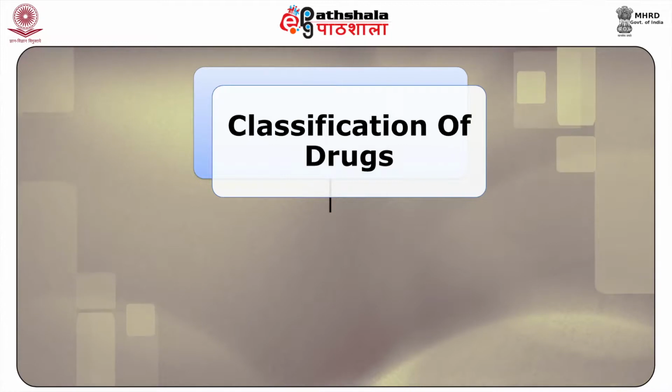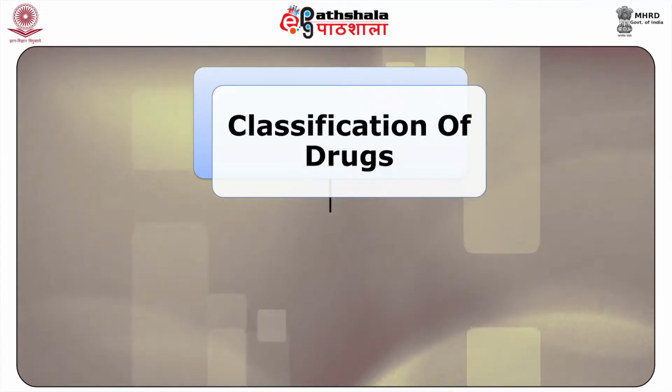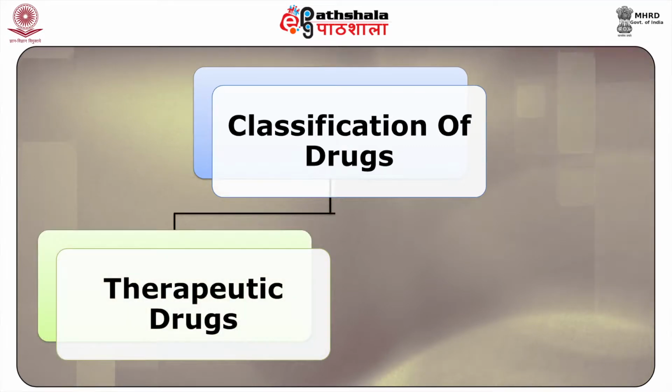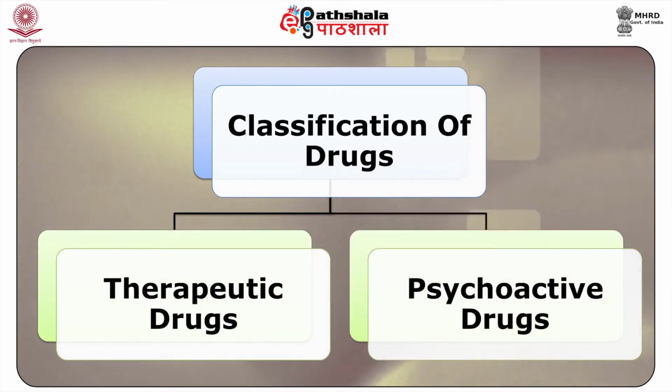Classification of drugs. On the basis of the purpose of their use, different drugs can be classified into the following two heads: therapeutic drugs and psychoactive drugs. Both these categories often overlap due to their specific usage and wide range of compositions.